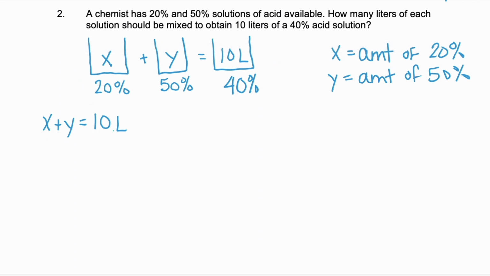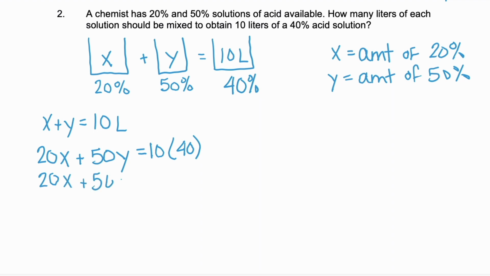So x plus y has to be 10 liters. And then we know when we mix that we have 20% of x, so that means multiply, plus 50% of y, get mixed together, and that gives us 10 liters of 40%. Or that equation simplifies to 20x plus 50y equals 400.